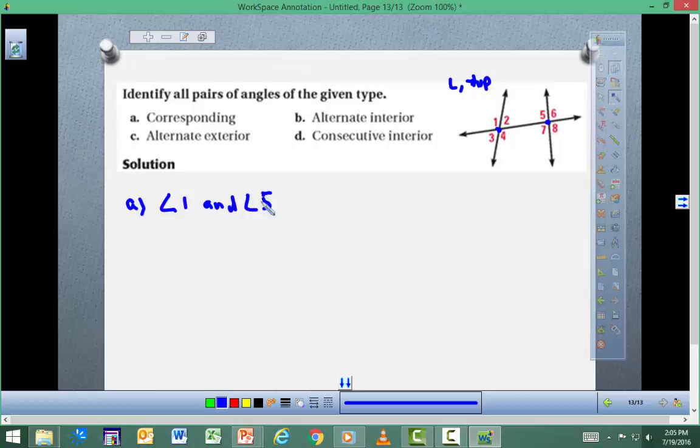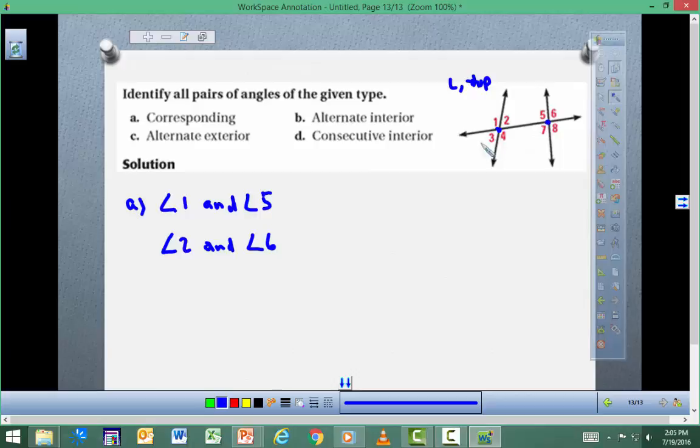Well, as you might imagine, that's not the only answer. How about angle 2? Angle 2 is on the right side and it's on top. Which one's on the top right? Well, it's angle 6. Alright, let's continue. Angle 3 has a corresponding angle.